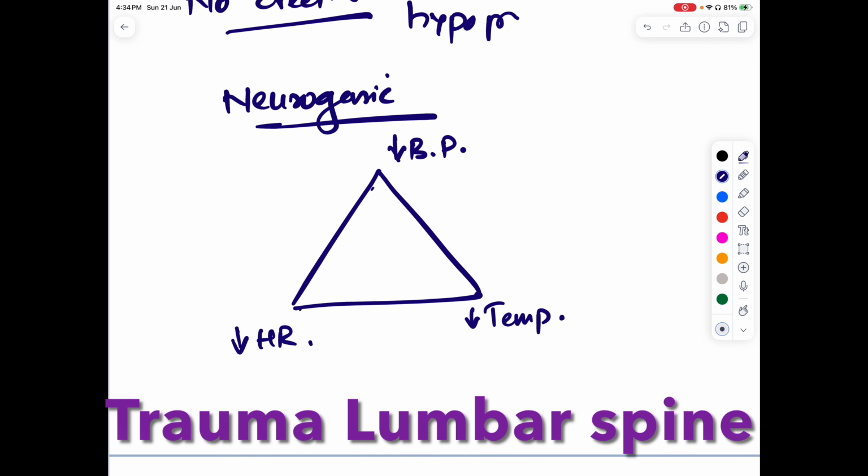Classic triad. Blood pressure is going down because sympathetic tone is lost and vagus parasympathetic is acting. This is because of vasodilatation. Then heart rate, again sympathetic tone is lost, vagal tone is increased. Then because of vasodilatation, core hypothermia and warm, dry skin due to the loss of sympathetic nervous system response to vasoconstriction.